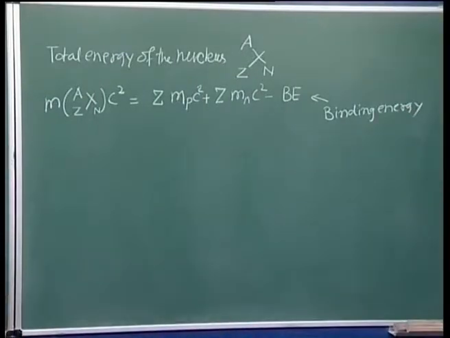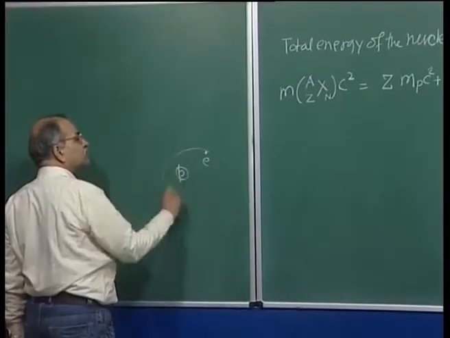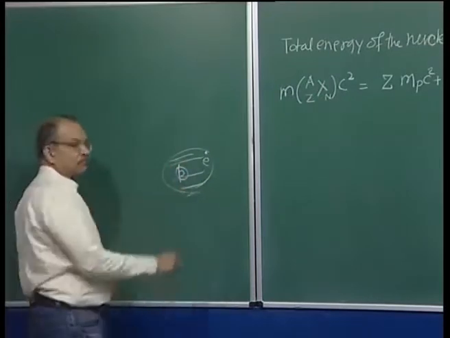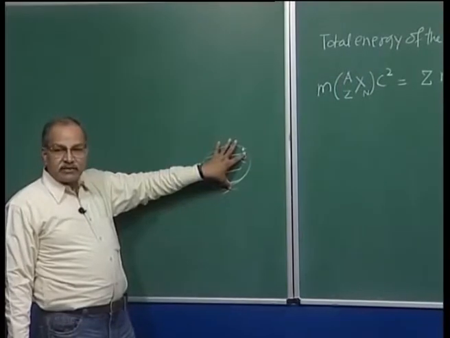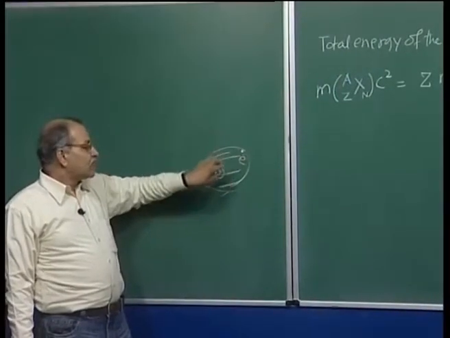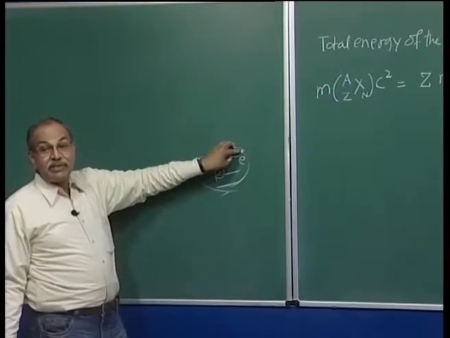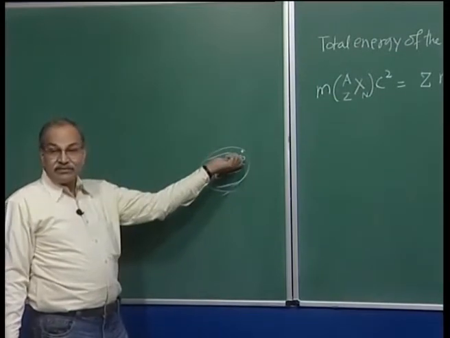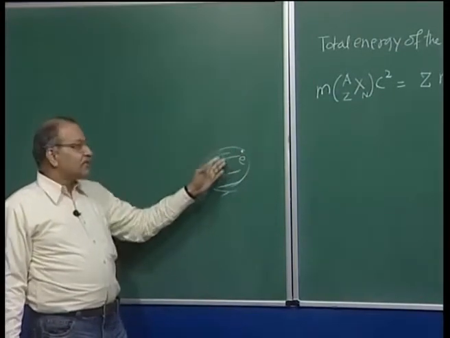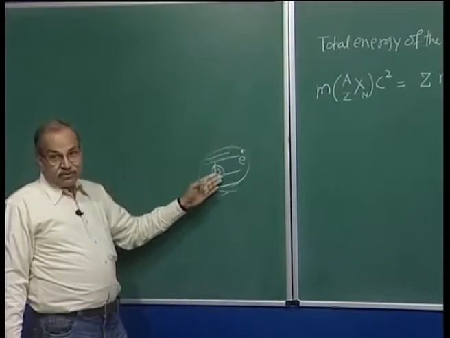Okay. So, like a hydrogen atom, you have a proton and then you have an electron, a bound system. So, the total mass of this hydrogen atom will be mass of the proton plus mass of electron minus something, it will be less than that, and that difference in energy is the binding energy. And how much is binding energy for hydrogen atom? 13.6 electron volt.